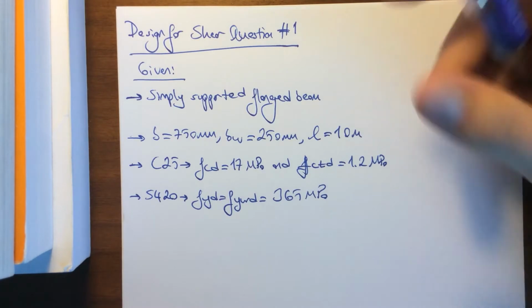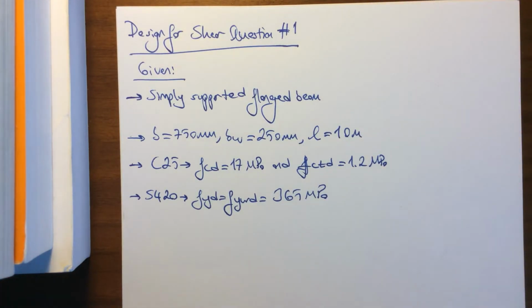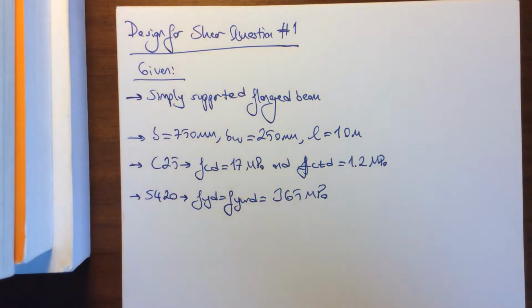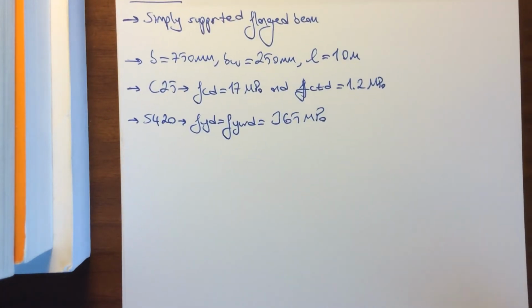So in this question, we're going to find the amount of shear reinforcement that is needed and adequate to support the structure. Okay, let's start the solution to the problem by following some estimations in the preliminary design stage.